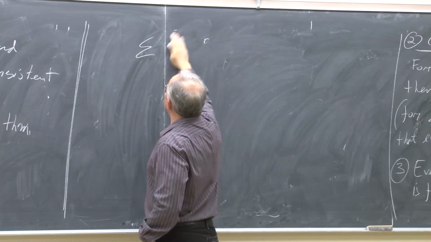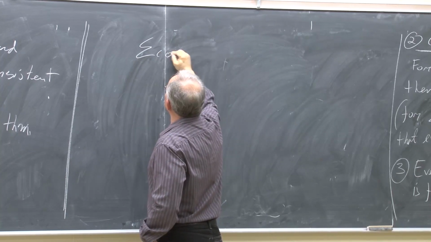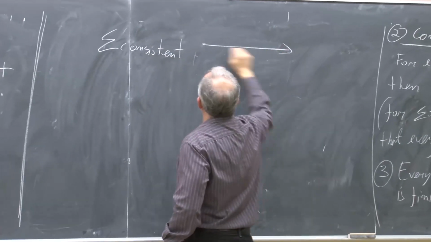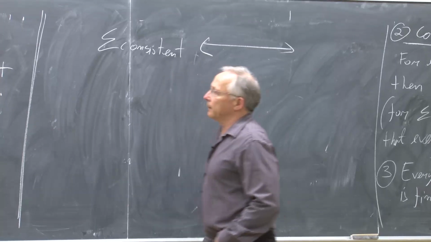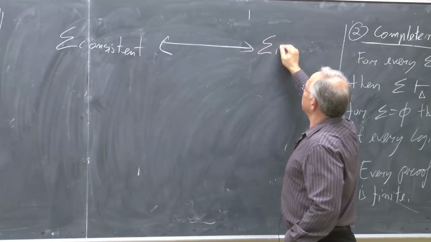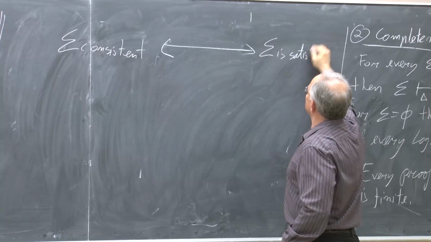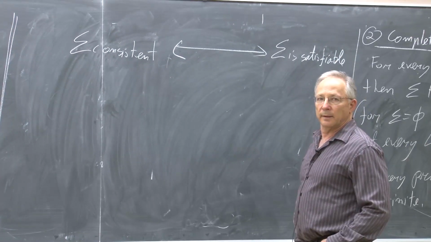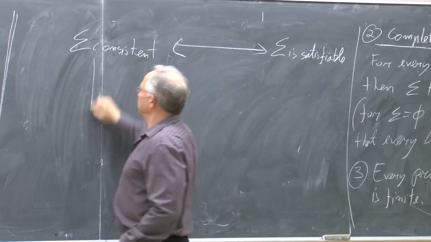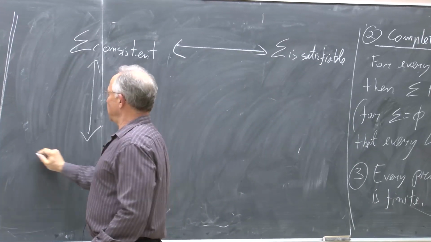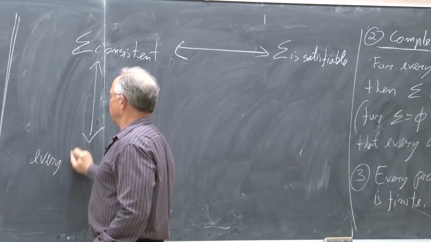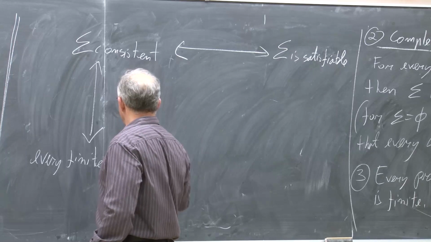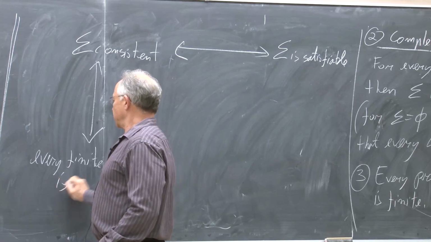I will say sigma is consistent. We know by step 2 that sigma is satisfiable. Now, sigma is consistent is equivalent to every finite sigma prime subset of sigma is consistent.